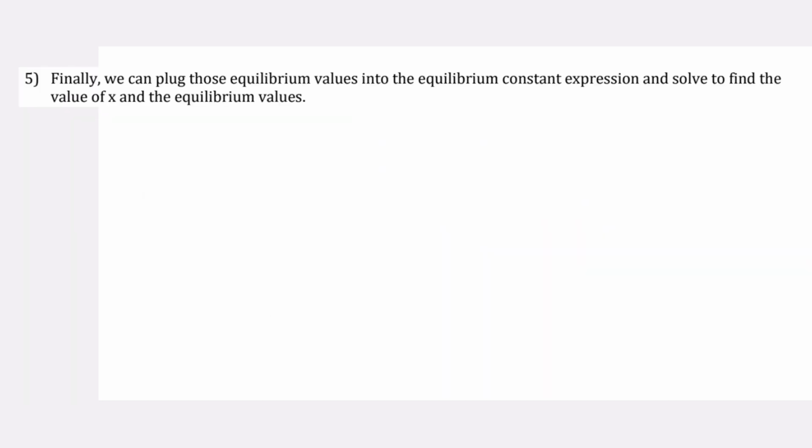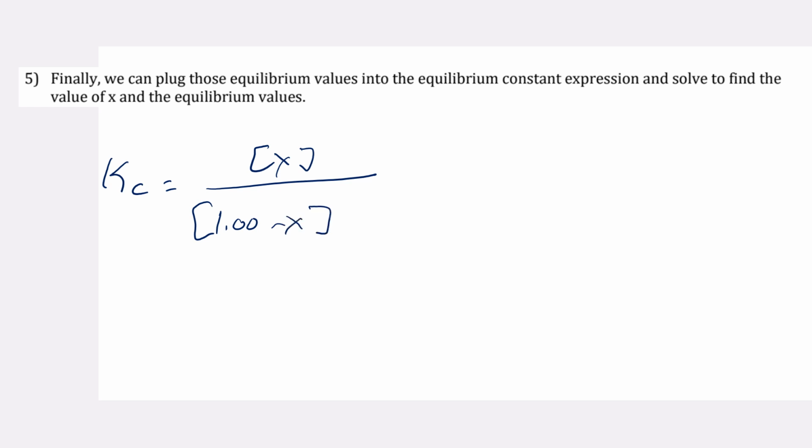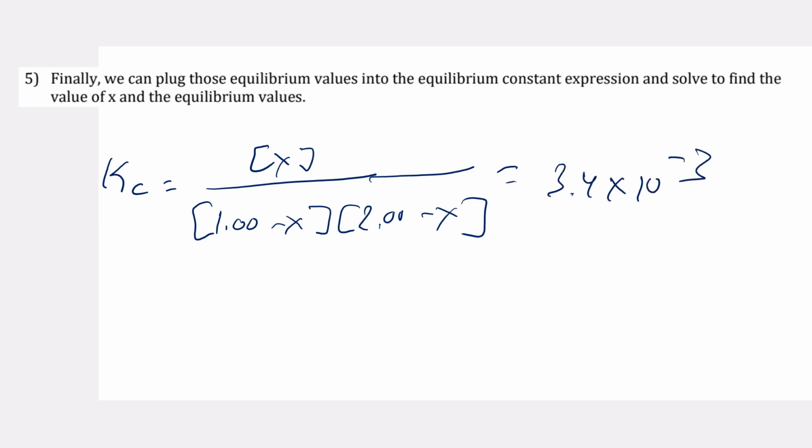From there, we can plug in those different values that we determined and try to solve for the value of x. This is going to equal 3.4 times 10 to the negative 3. Okay.